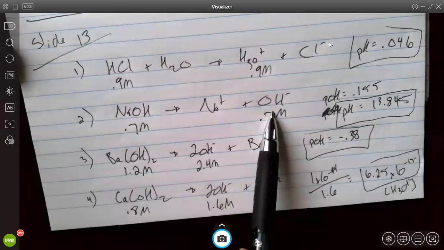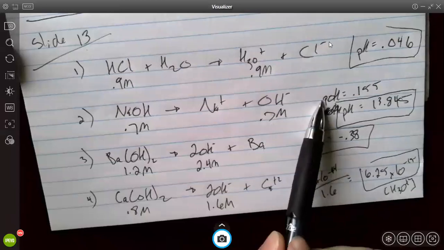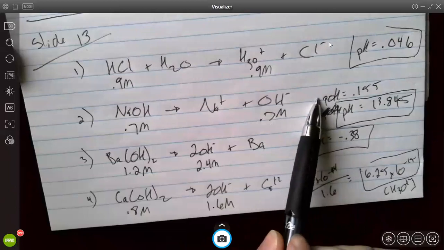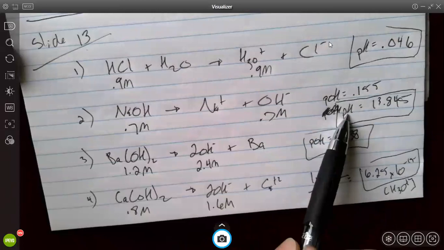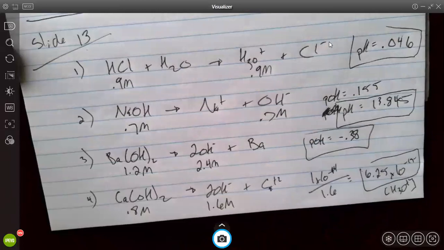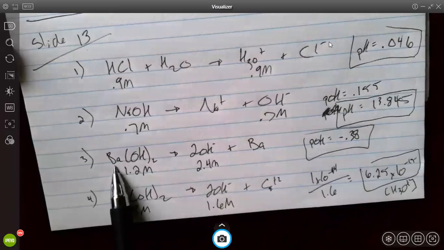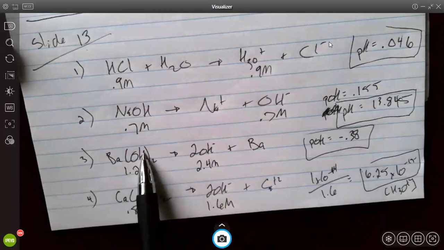I plug that into my pOH formula first and get a pOH of 0.155, and then subtract that from 14 to get a pH of 13.845-ish.